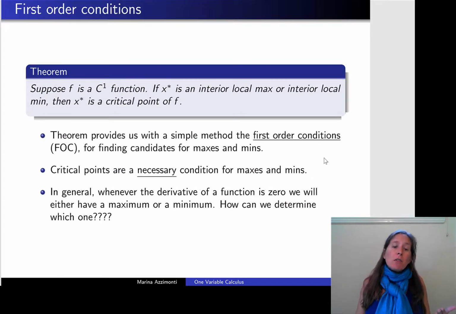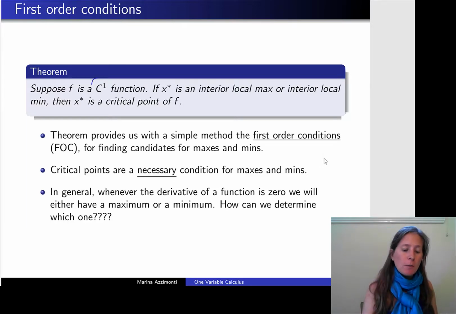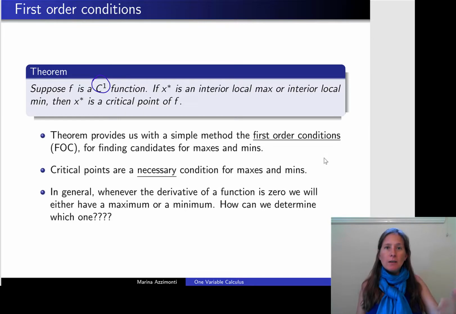Now, we have a theorem that says the following, and this is one of the most useful theorems that you are going to use in your classes. Suppose that you have a function that is continuously differentiable, or C1. Remember, this means that the derivative exists and that the derivative is going to be continuous.